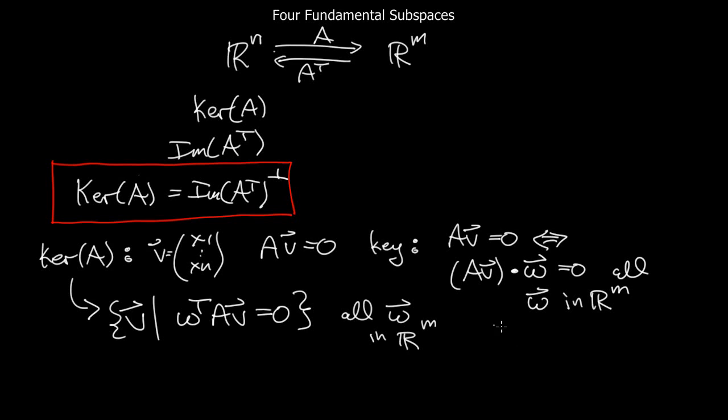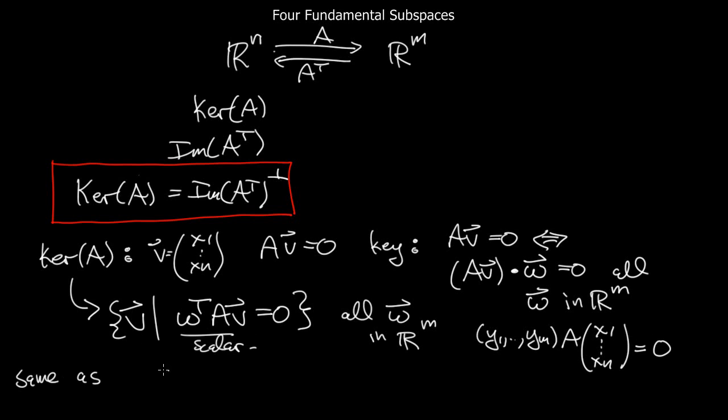So I'm thinking of all my vectors being column vectors, and when you transpose them, they're row vectors. So this is saying an m row vector times your matrix A times an n column vector is supposed to be equal to 0. And now this is a really nice way to write it, because this is symmetric. This is a scalar, and so by an old trick, we can take the transpose of it and get the same thing, which is that v transpose A^T W is equal to 0 for all W. Now, what does that say?